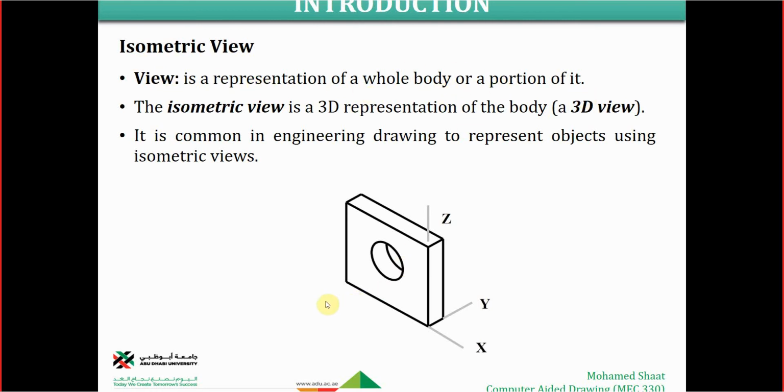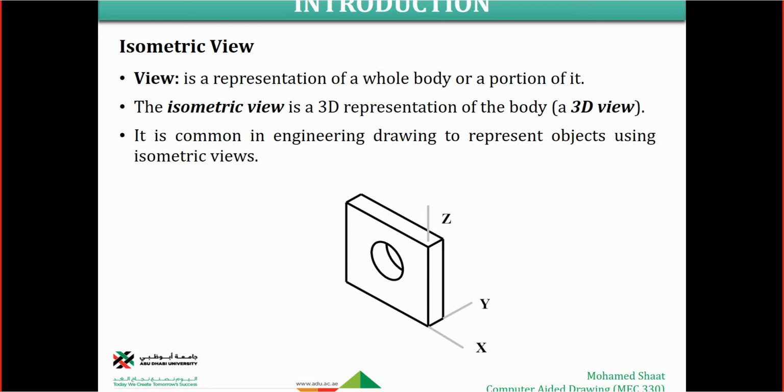It shows how you're going to look at or see this object from a certain angle. It's like putting an angle and using your cell phone to take a picture of it. You take one picture from one certain angle. This is a view.